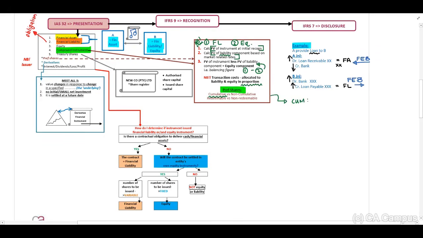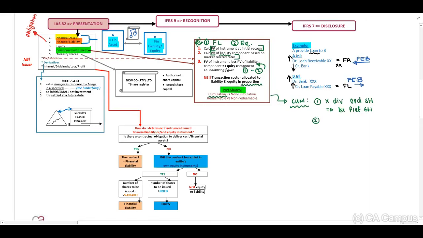What do you need to remember? Number 1, we may not declare dividends to our ordinary shareholders if we have not yet declared the dividends to our preference shareholders. Therefore, our preference shareholders should always receive dividends first.